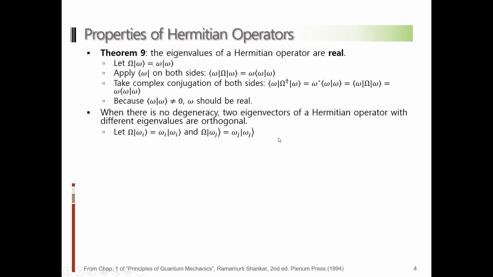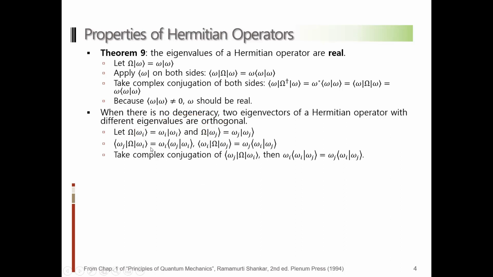And then what we can do is multiply by the vector for omega j on the left-hand side of this equation, and simultaneously we apply this vector on the left-hand side of this one. Then we will obtain this second equation. Now, what we can do is take the complex conjugation of this entire part. Then we know that this one won't change.